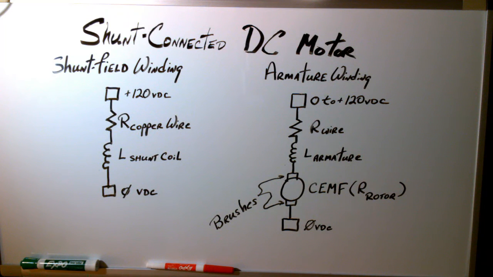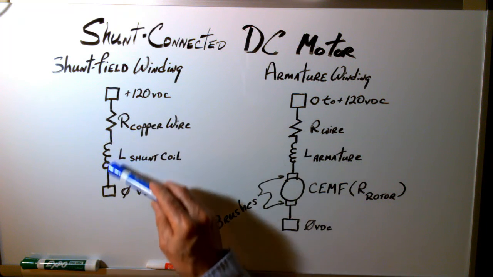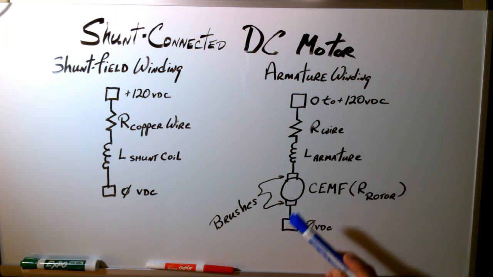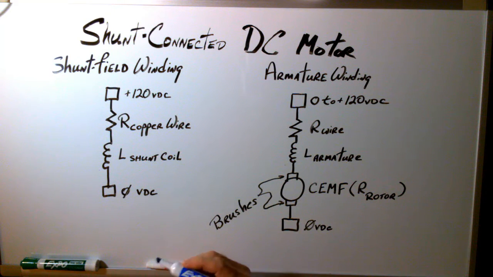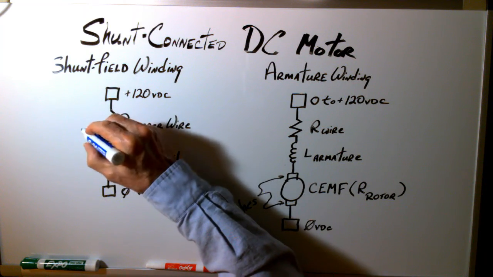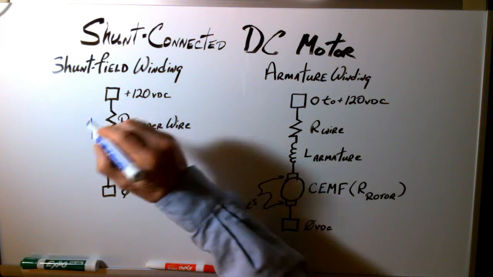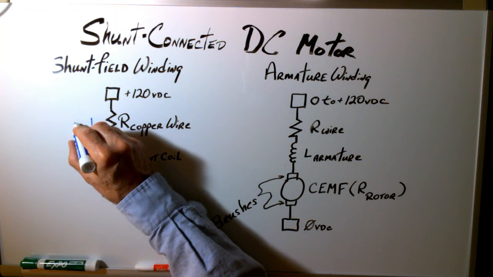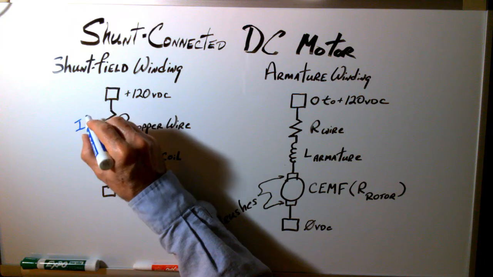Now then, here is our model of a shunt-connected DC motor. This is the shunt field winding, the model, and this is the model of the armature winding or the rotor winding, whichever you want to call it. What I'm going to do is let our current flow from positive to negative, and it won't hurt anything as long as I follow the convention.